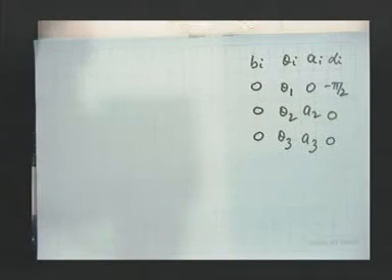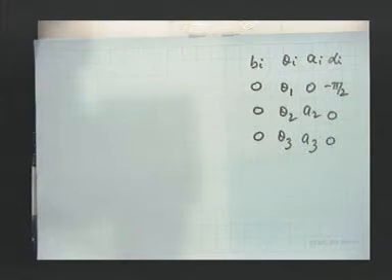We have to go to the articulated arm. So, bi 0, 0, 0, theta i theta 1, theta 2, theta 3, ai 0, a2, a3, alpha i minus pi by 2, 0, 0.